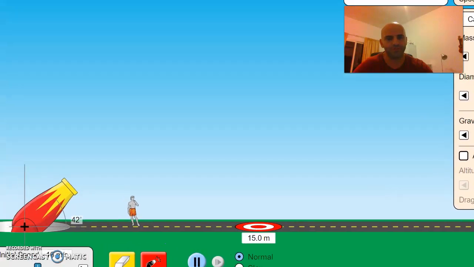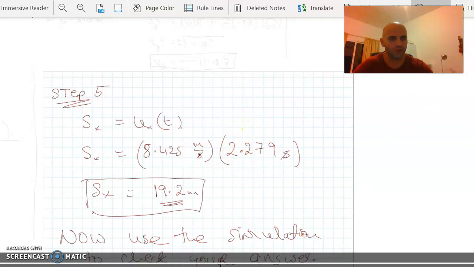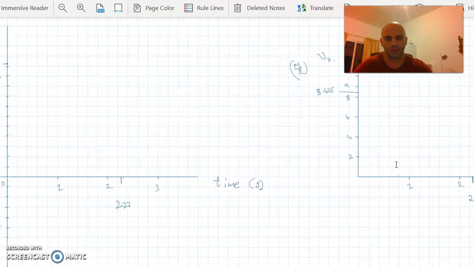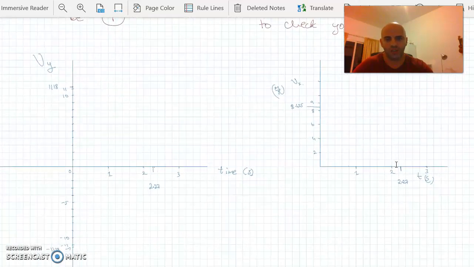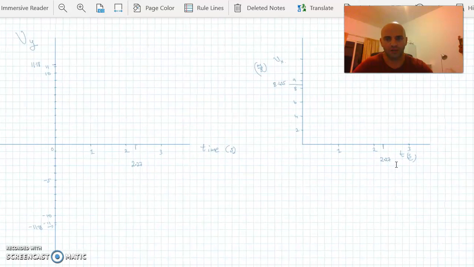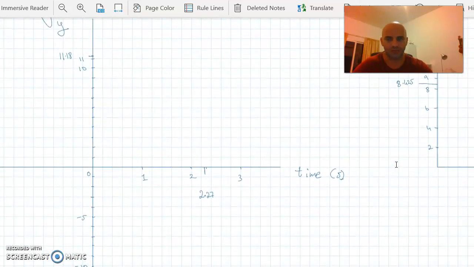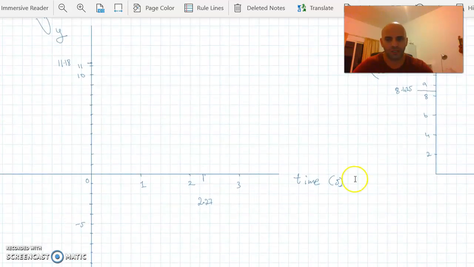Okay. Now, once you've got that done, you should do one more thing, because in order to fully understand what happens in these projectile motion situations, I want you to graph it. I think graphing makes things very, very clear in your mind as to what's happening. So I've got my graph laid out.